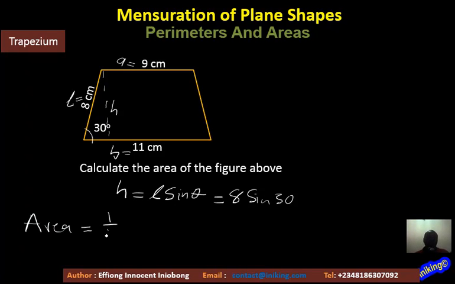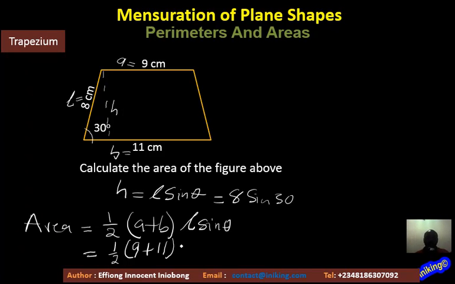Of course, half sum of parallel sides A plus B. In place of the height, we have L sine theta. So this is half 9 for my A plus 11 for B times 8 sine what? Sine of 30.